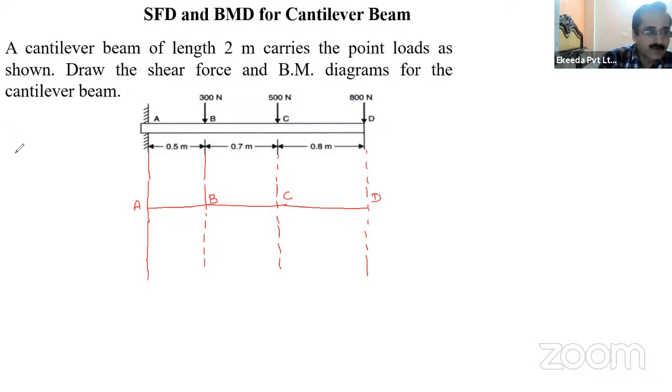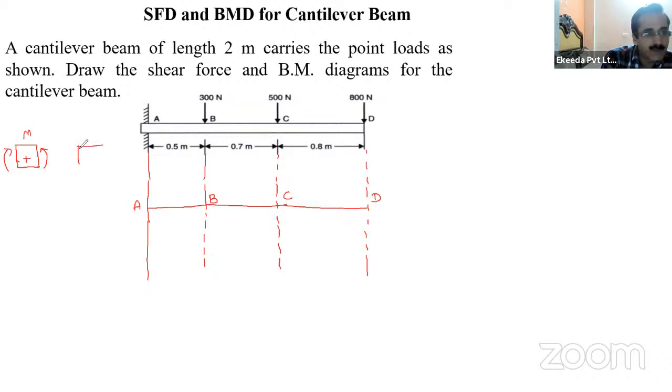First we have chosen the sign convention. Clockwise to the left of the section and anti-clockwise to the right is positive bending moment.